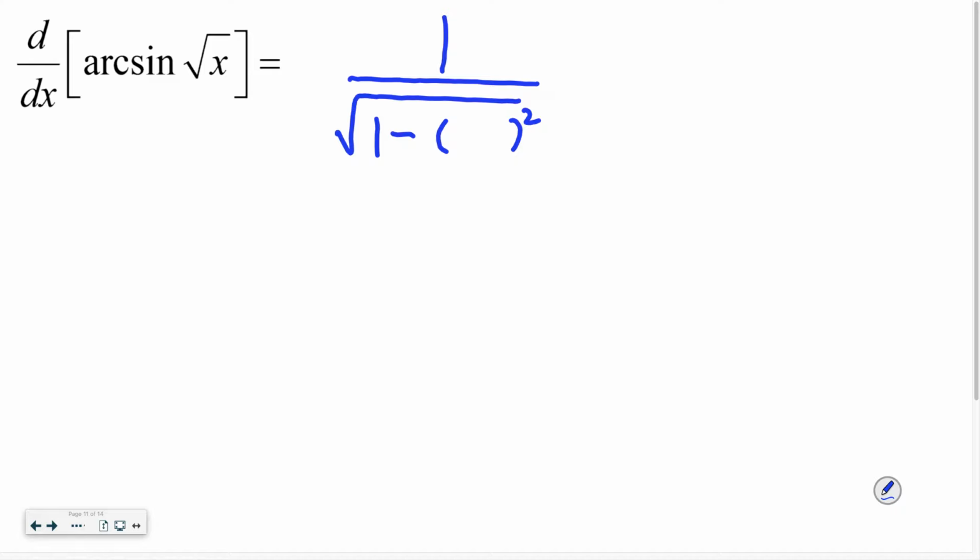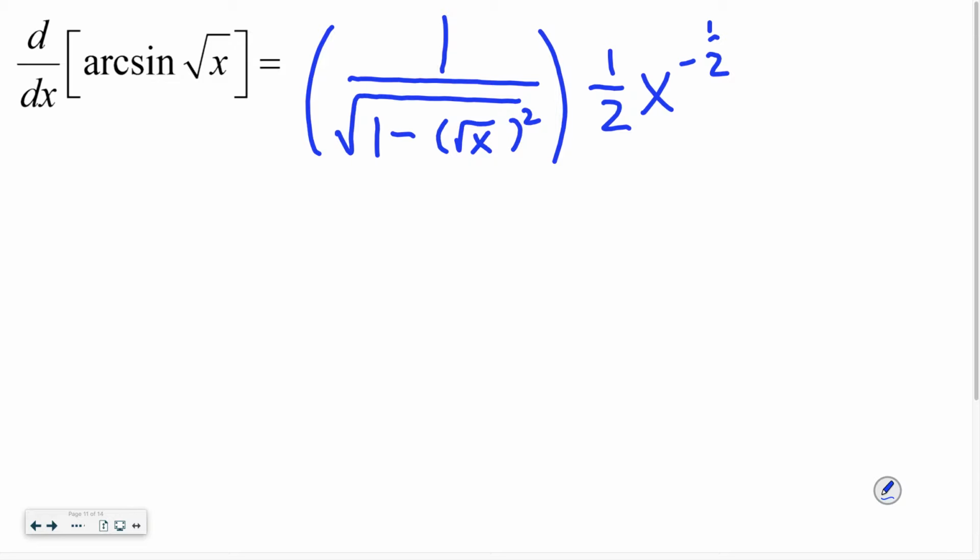However, instead of x inside of arc sine, we have radical x. But our work isn't done because we have a composition. We need to multiply by 1/2 x to the negative 1/2, because that would be the chain rule.